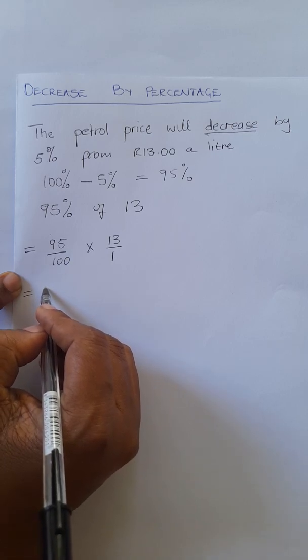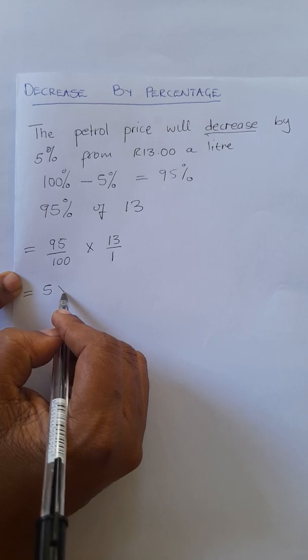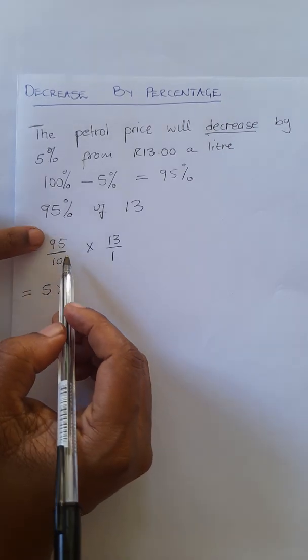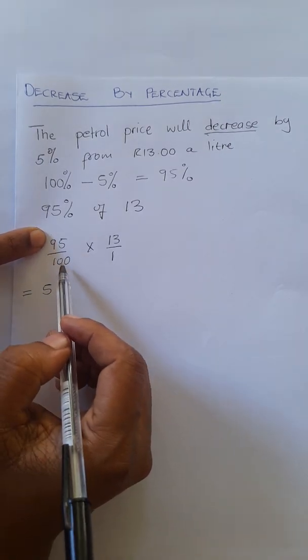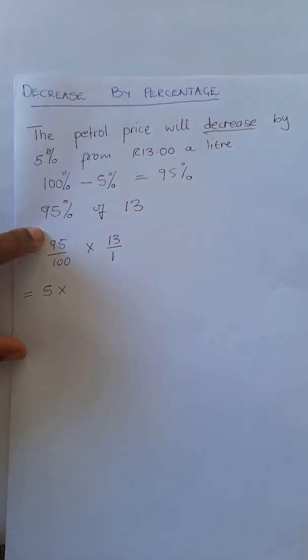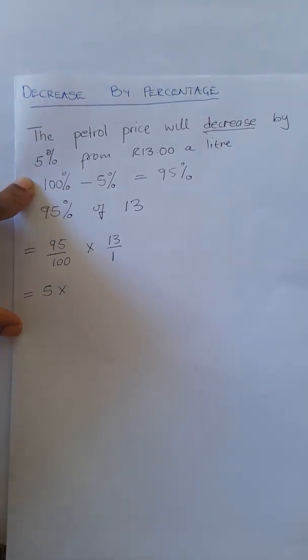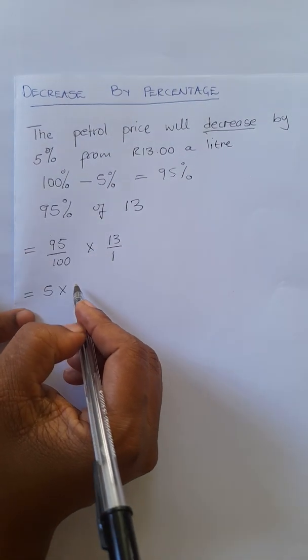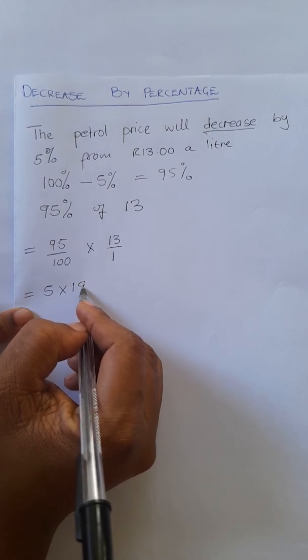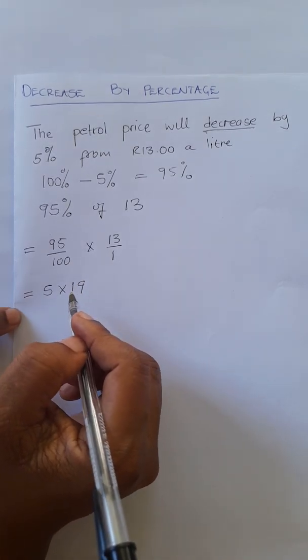So that is going to be 5 multiplied by 19, and 19 is a prime number.